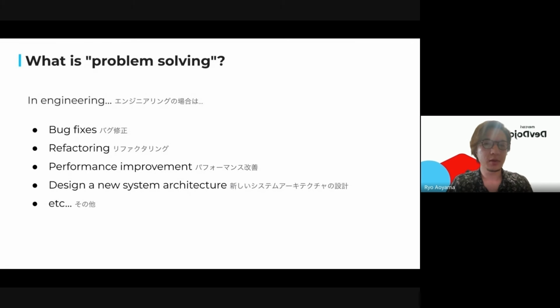And within this context of software engineering, this can refer to things like bug fixing, refactoring, performance improvements. So, really, very basic daily things to much more complex tasks, such as designing a new system architecture.